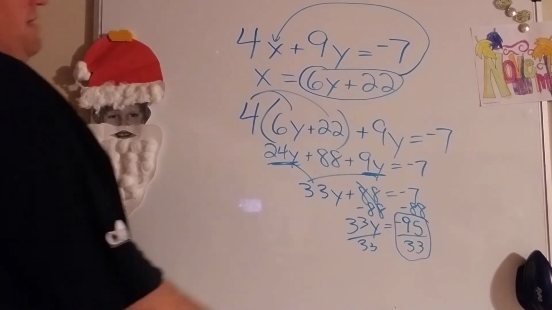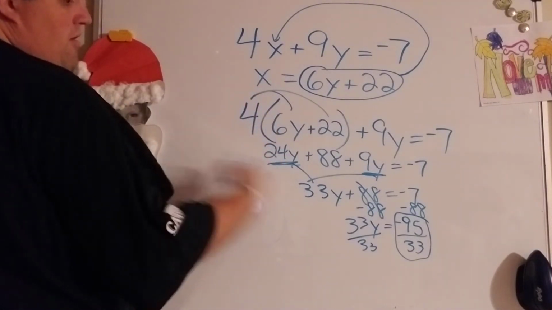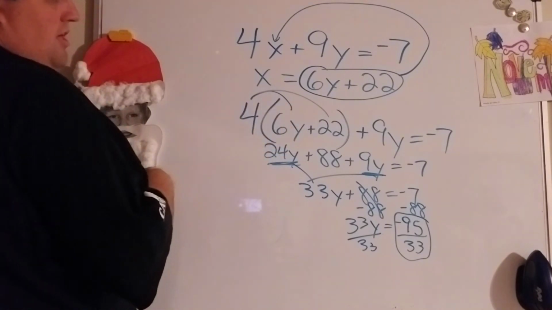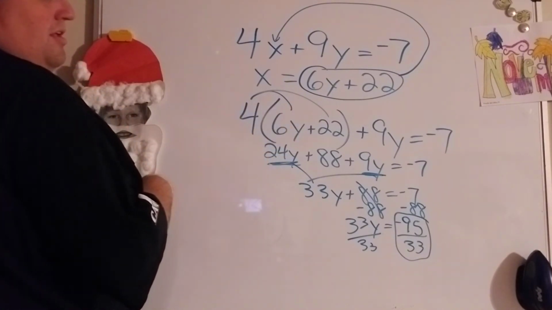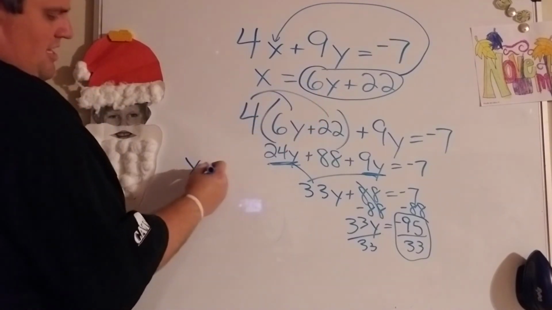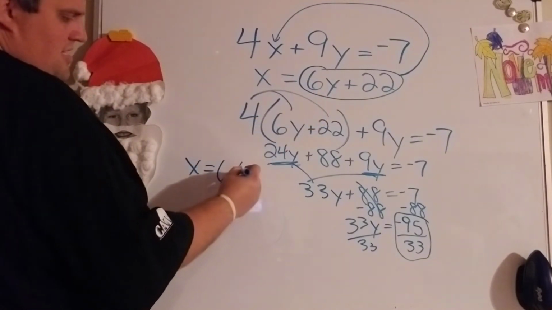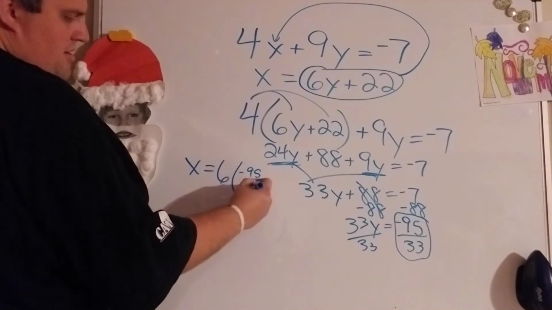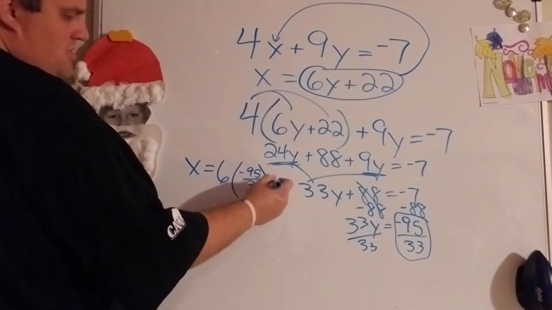So let's plug it back in for x. Or I'm sorry, for y. It's going to be ugly. Let's use this one. x equals 6 times negative 95 33rds plus 22.